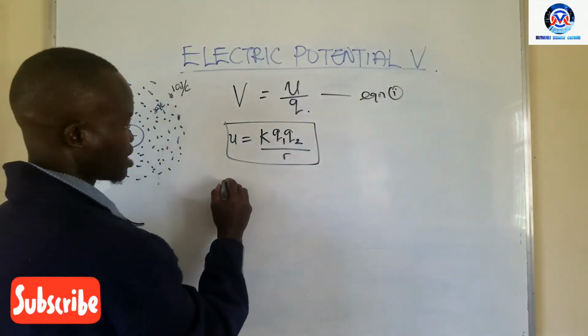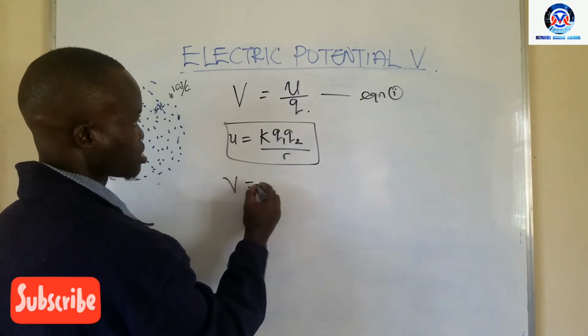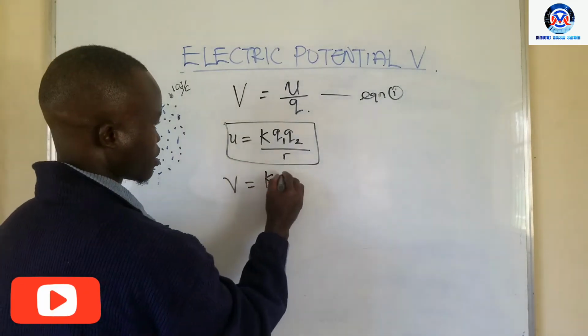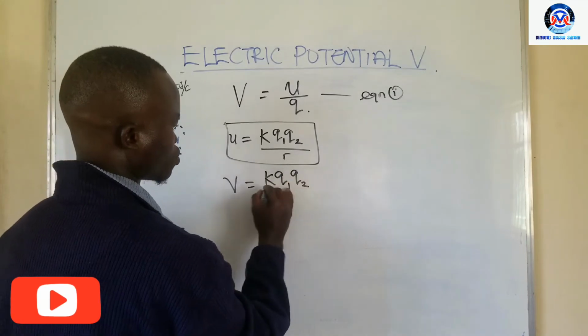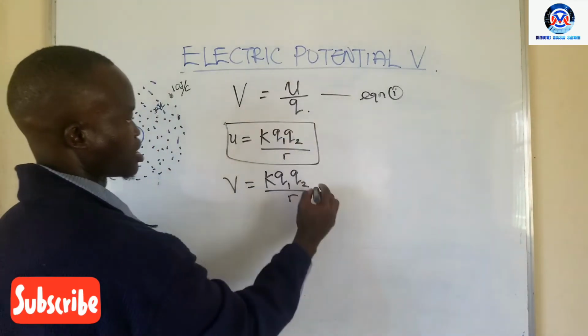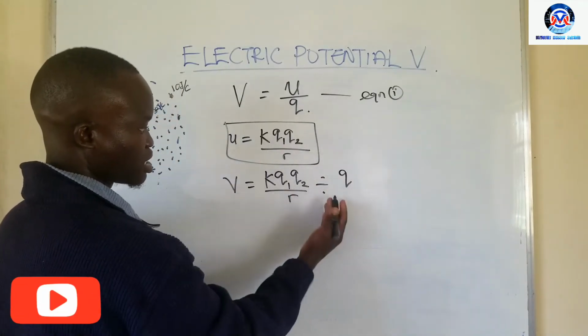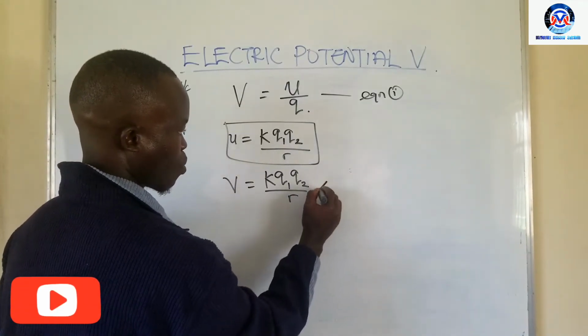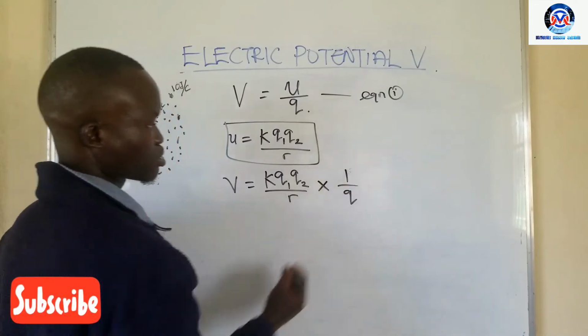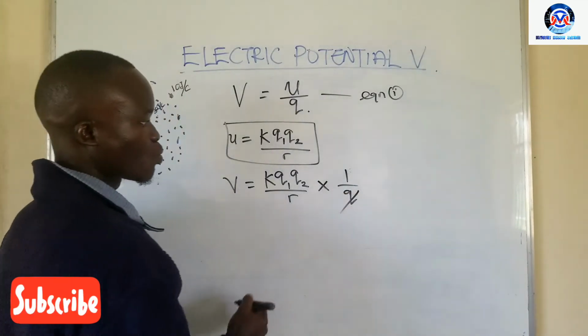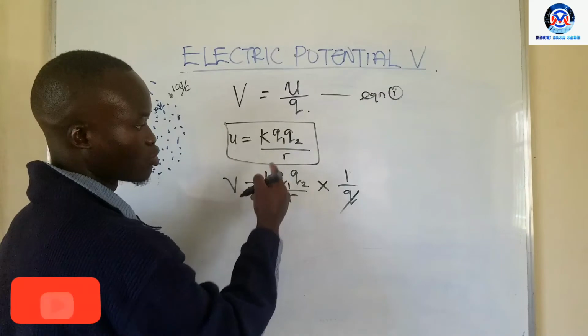So now we have that the electric potential V is K Q1 Q2 over R, which is this, divided by this Q, and this is simply times 1 over Q. So this Q, we cancel one of the Q in the numerator.